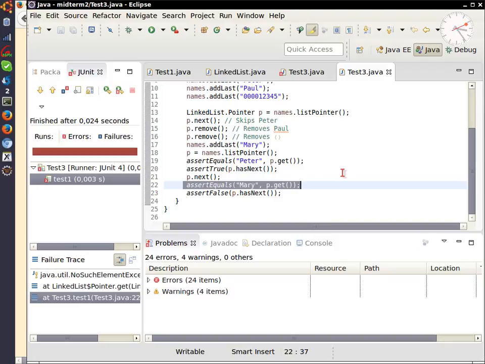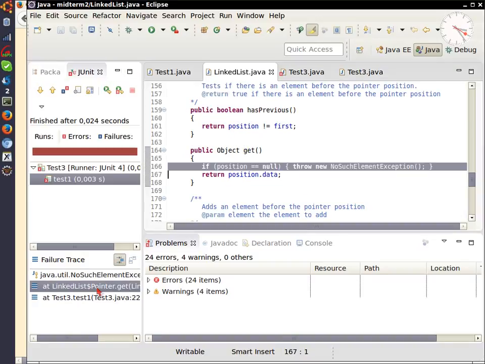So the answer that you have to give is something that says the unit test failed because it encountered a NoSuchElementException in this line here, in line 166 of the linked list class. That's why it failed. It did not fail because it had a bad day, or it was unhappy, or it was trying to ascertain something that it was unable to do. It failed because an exception was thrown in line 166 of this code.